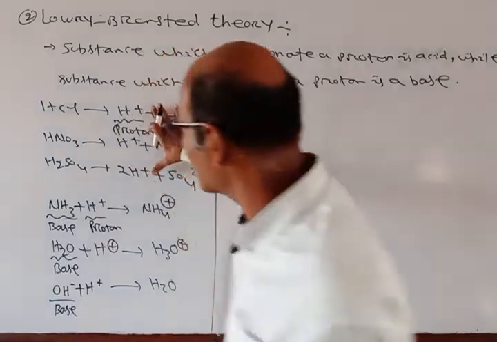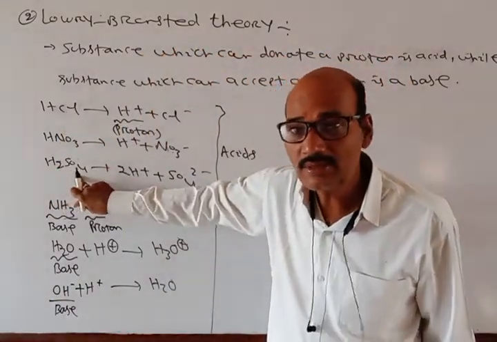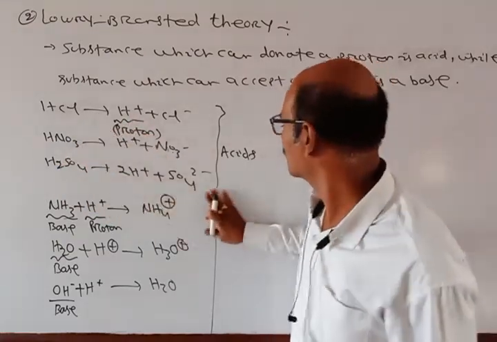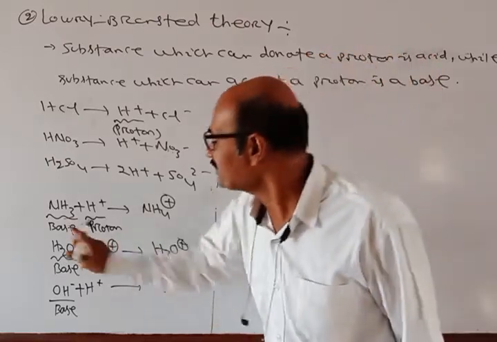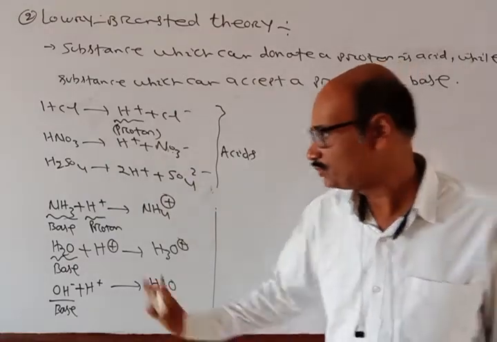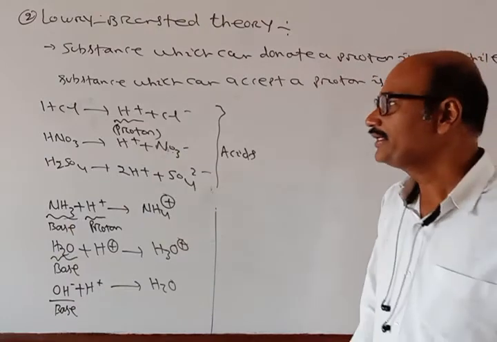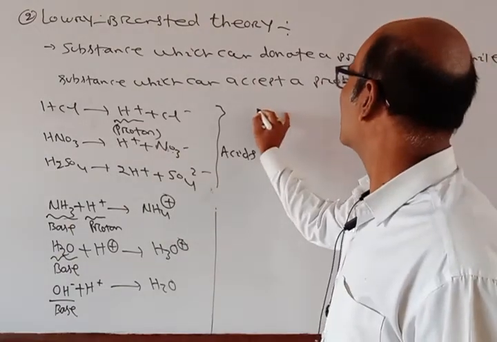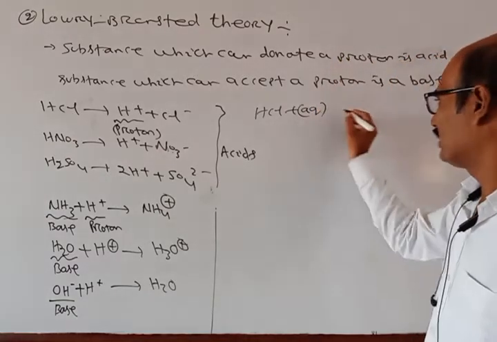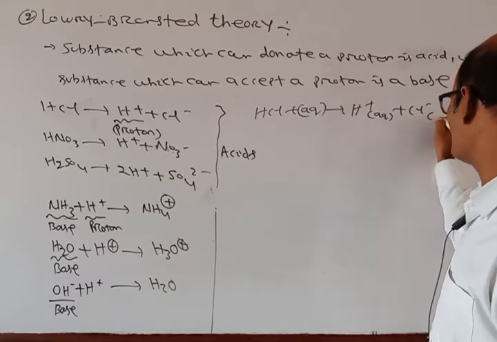So these substances, HCl, HNO3, H2SO4, can furnish or give a proton. So these are acids. And NH3, H2O, OH minus are substances which can accept a proton. So these are bases. Now see, if I write HCl plus aqueous, we get H plus aqueous plus Cl minus aqueous.